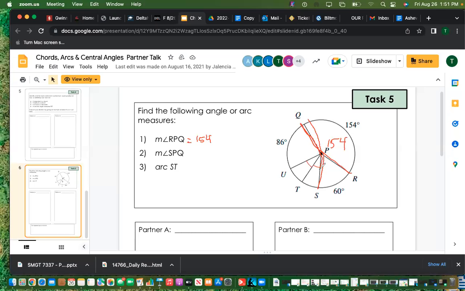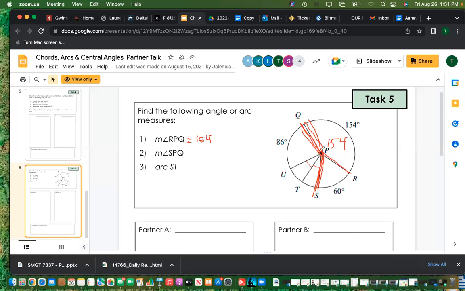I'm gonna assume that they're talking about this side. However, you could have done this as well because it could be the other side, because they really didn't define which direction. But again, we're probably talking about SPQ.